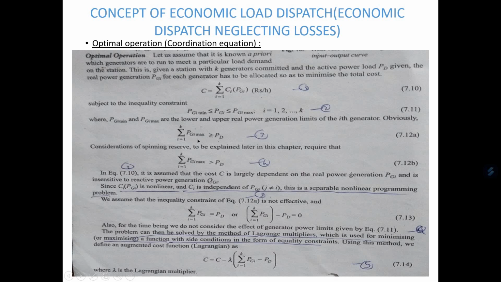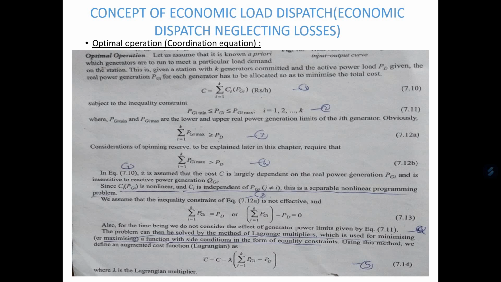Now, the power generated by all the generators should be equal to or greater than the power demand Pd, and that's why we can write summation of i equals 1 to k, Pgi max greater than or equal to Pd. Now, what is the meaning of spinning reserve? While selecting the generator for any load, we consider some extra generating capacity. It may be needed to match the losses or to account for a future increase in load.